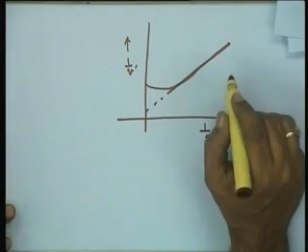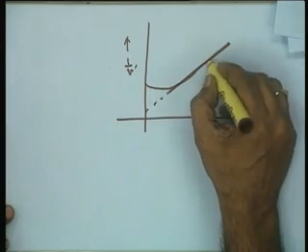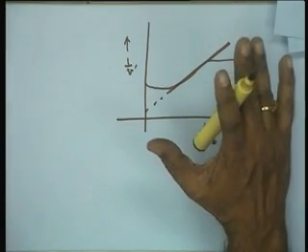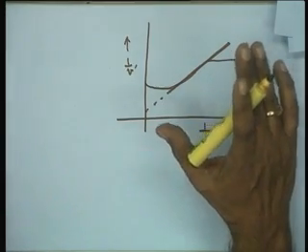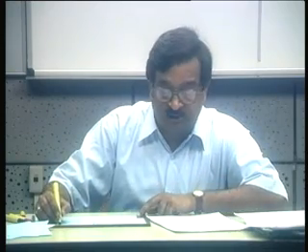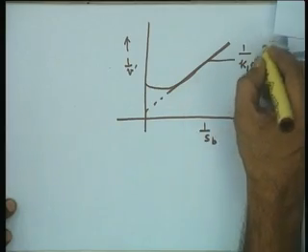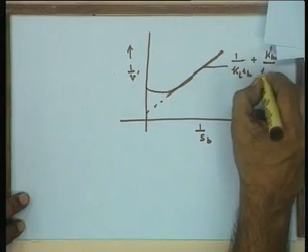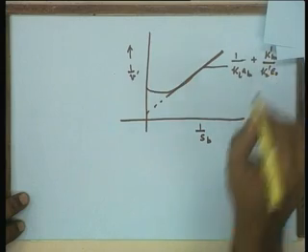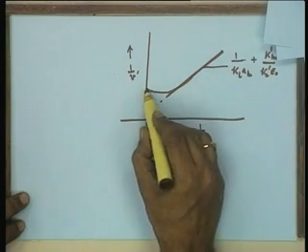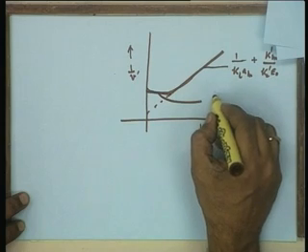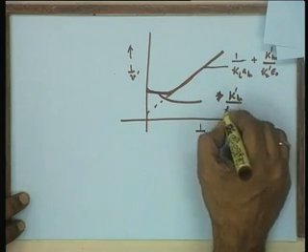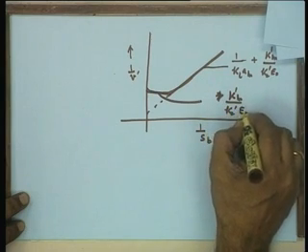Now basically the slope of this straight line, the one at lower substrate concentration, when substrate concentration is very low, will be 1 upon KLAM plus K dash m upon K2 dash E naught. On the other hand, the slope here will be K dash m upon K2 dash E naught.